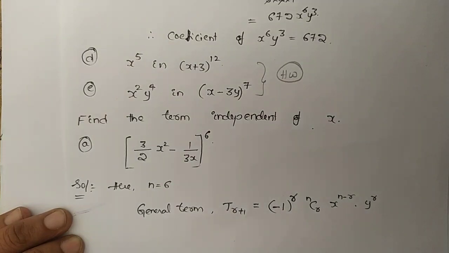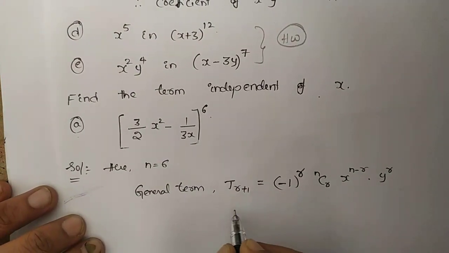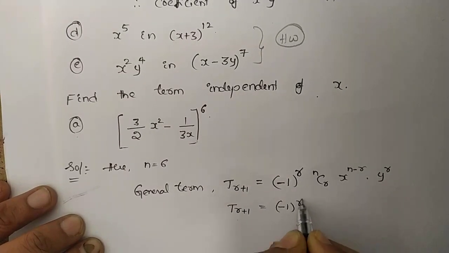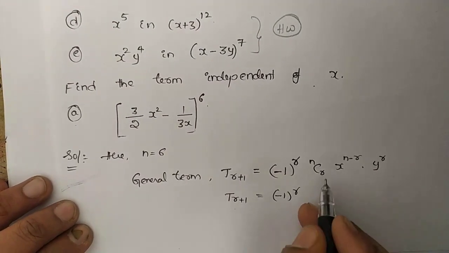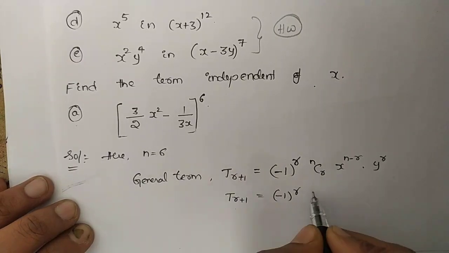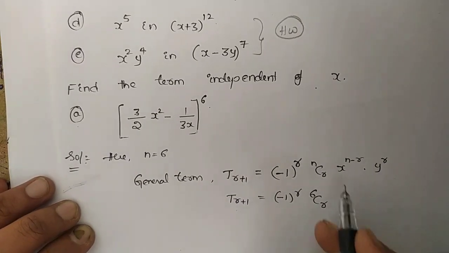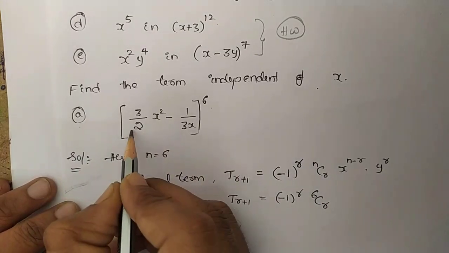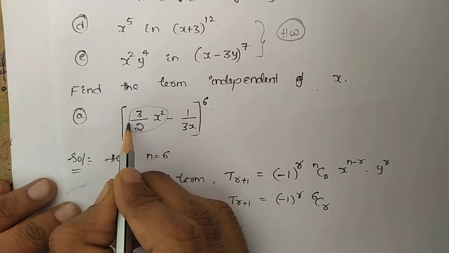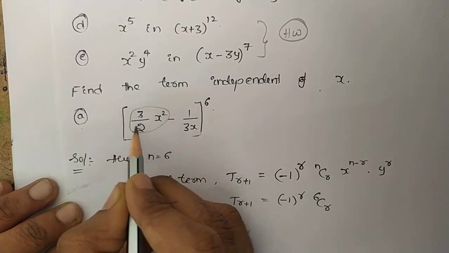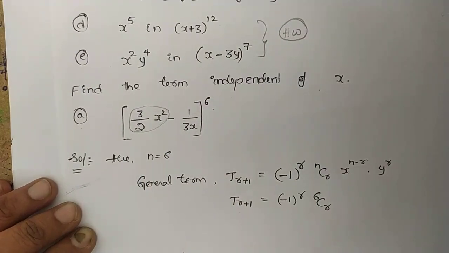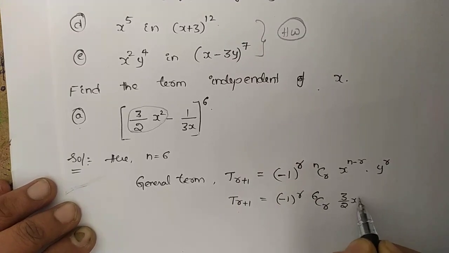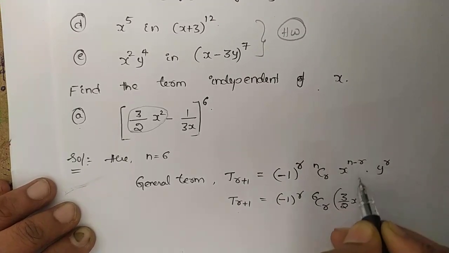So it is the general term. T r plus 1 equals minus 1 whole power r, you just keep it as it is, nCr, in place of n we have 6Cr, x power n minus r. In place of x what we have? 3 by 2 x square. So 3 by 2 x square whole power n minus r. That is what?